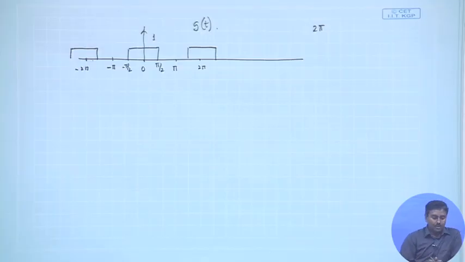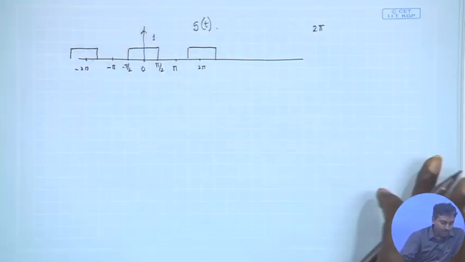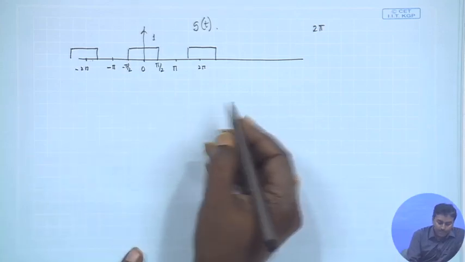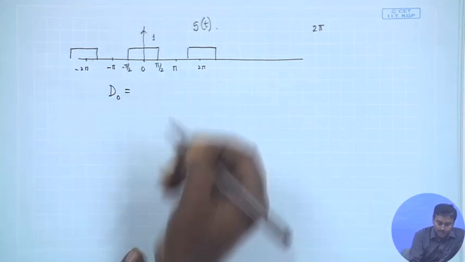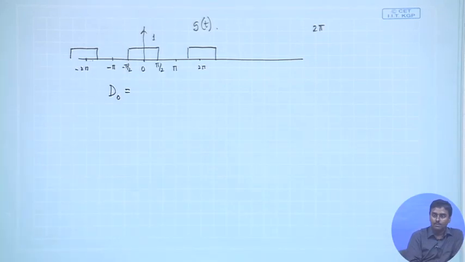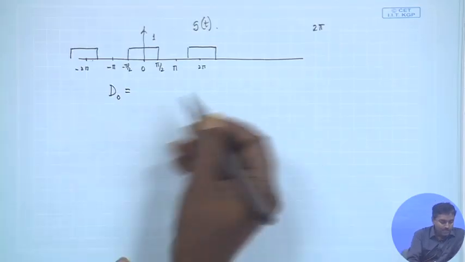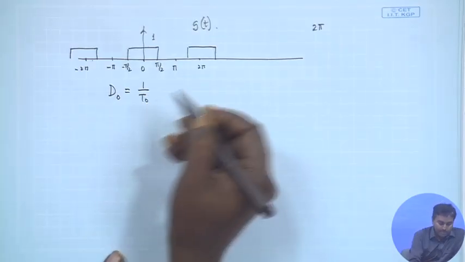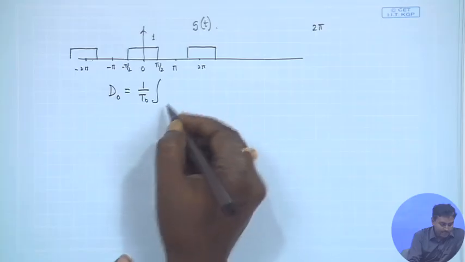Okay. So all I want to do is see how this signal can be decomposed into known signals. So we have to evaluate first, let us say D0. D0 is nothing but 1 by T0 integration.